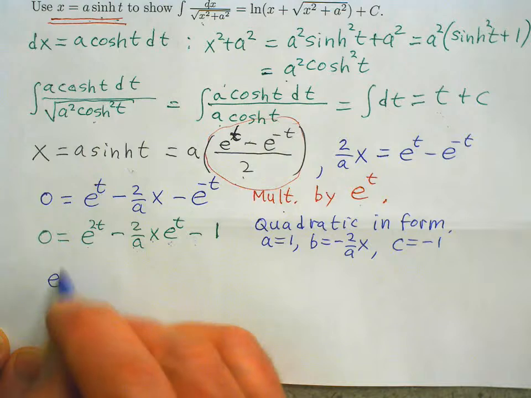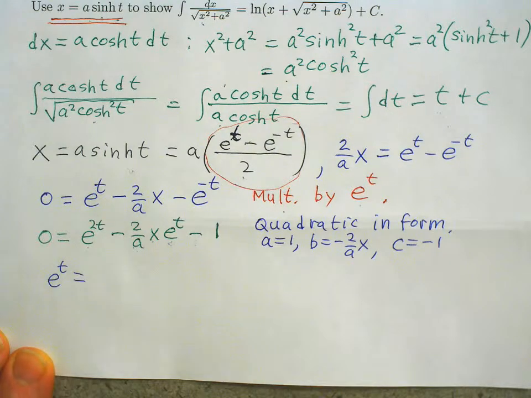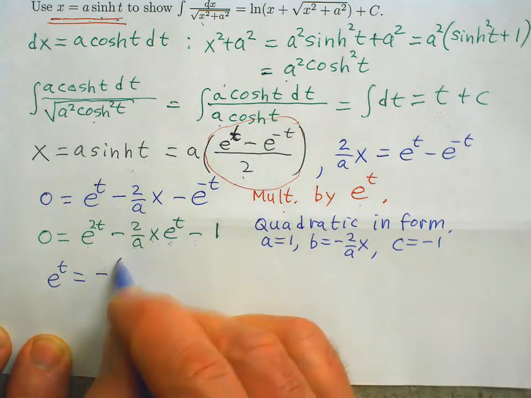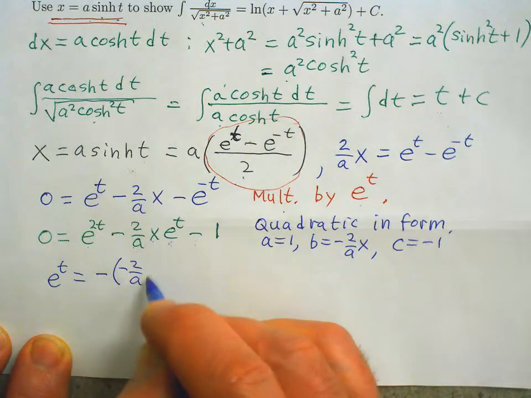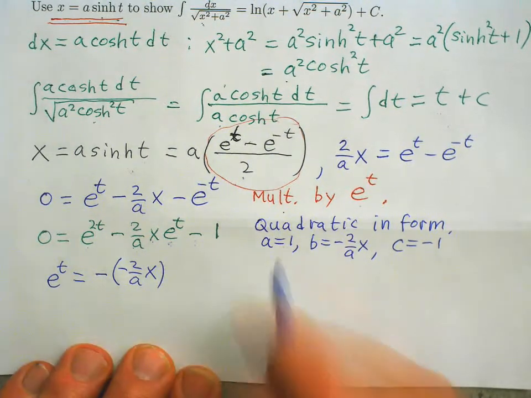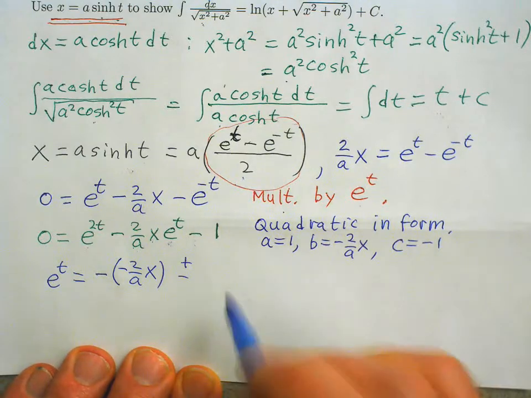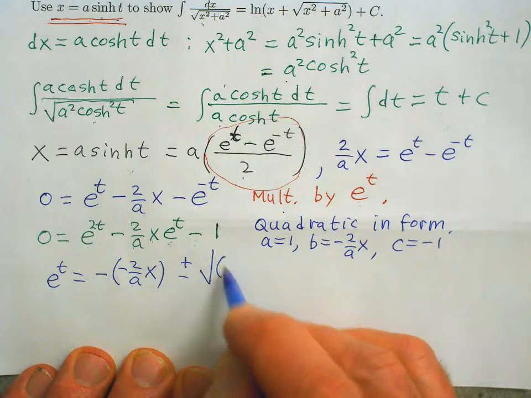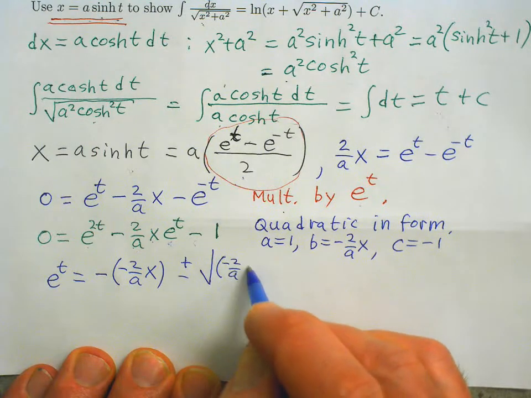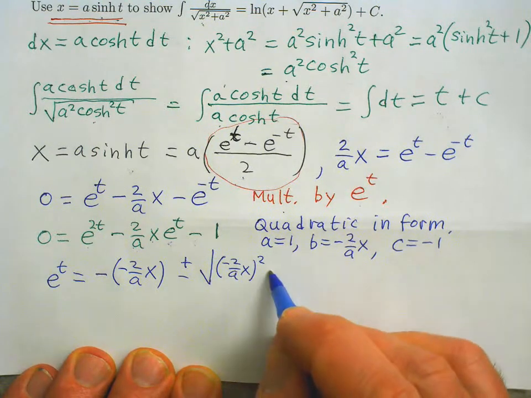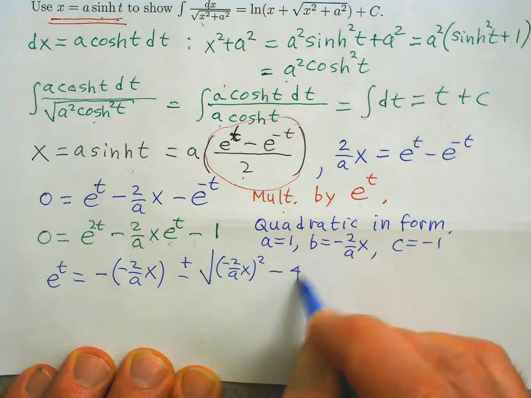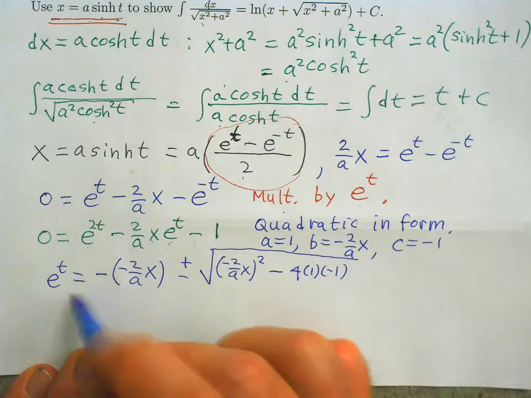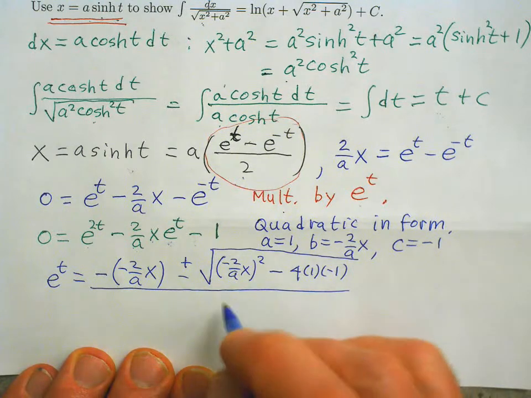So e to the t is equal to the negative of b, so the negative of negative 2x over a, plus and minus the square root of b squared. So we're going to square negative 2x over a, and then we're going to subtract 4 times 1 times negative 1. And then we're going to divide it all by 2 times 1.